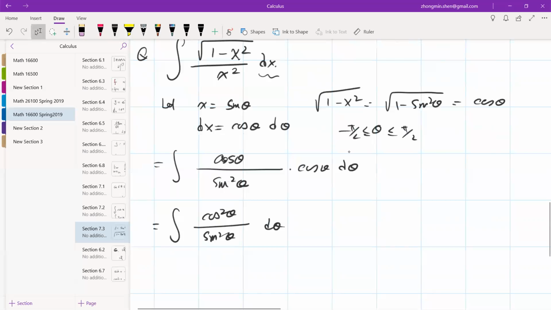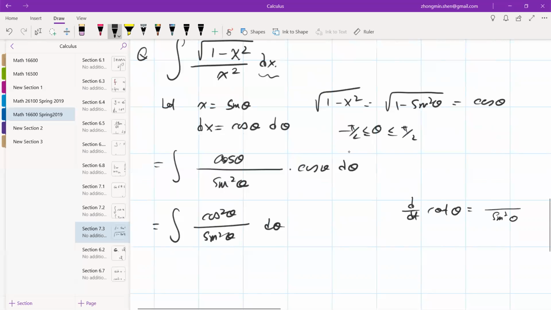We know that the derivative of tangent theta is going to be 1 over cosine squared theta. The derivative of cotangent theta is going to be 1 over sine squared theta.